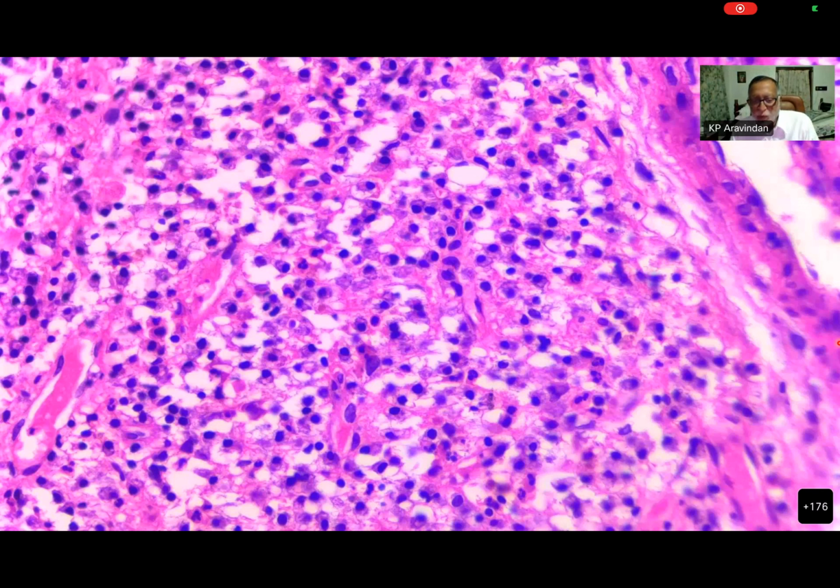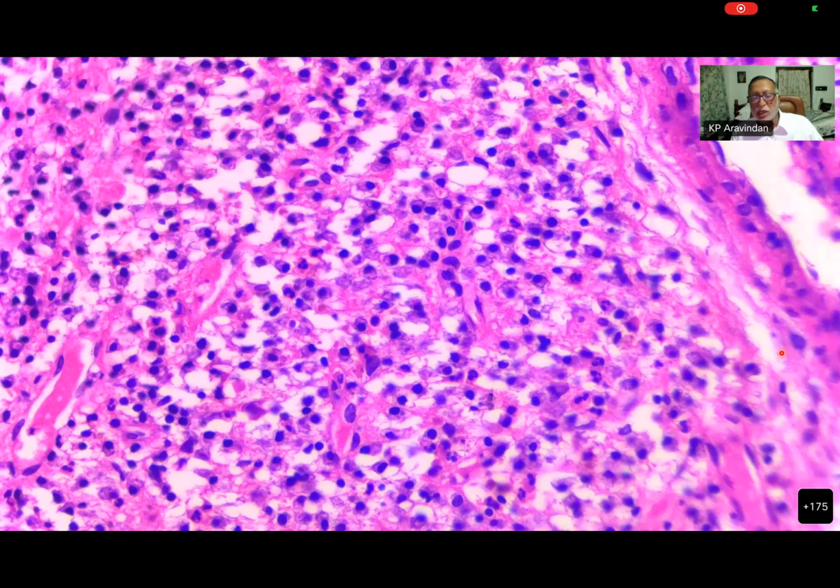IgG4 disease can affect the spine and produce spondylodiscitis. In this particular case, unfortunately, the serum IgG4 was increased, but this is a new case, so I have not been able to get the IgG4 immunohistochemistry done because the patient went somewhere else and I didn't get the feedback regarding this.